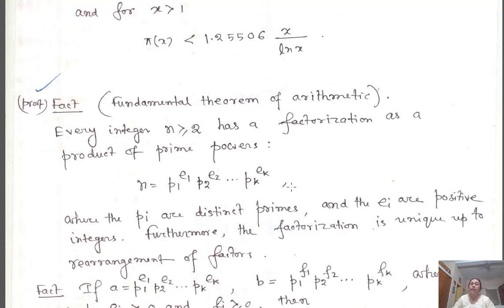Here p1, p2, ..., pk are distinct primes and the ei are positive integers. Furthermore, this factorization is unique up to the rearrangement of the factors. If you fix the ordering p1 less than p2 less than ... less than pk, then it is unique in that sense.